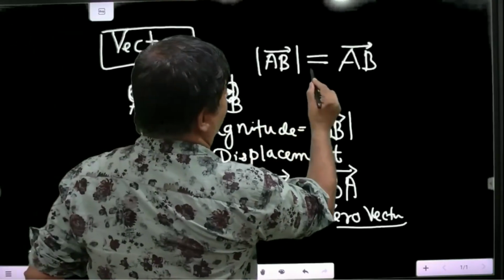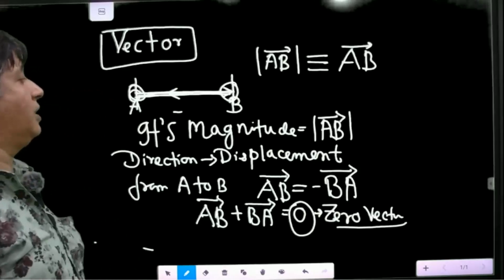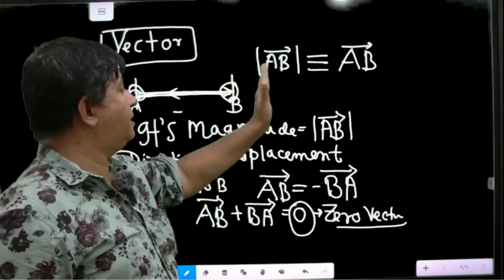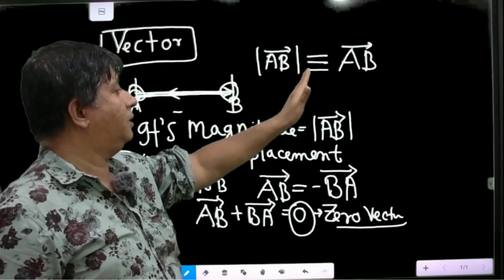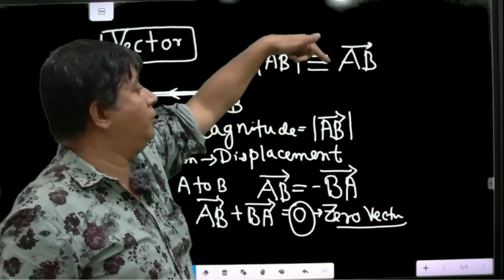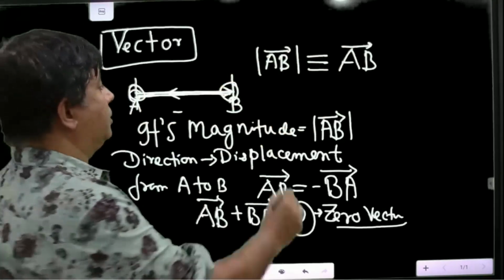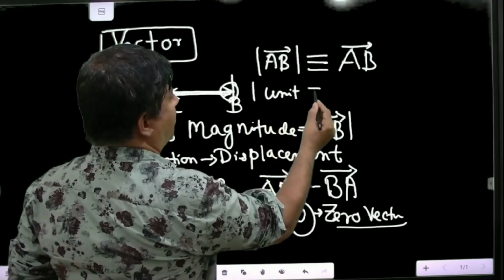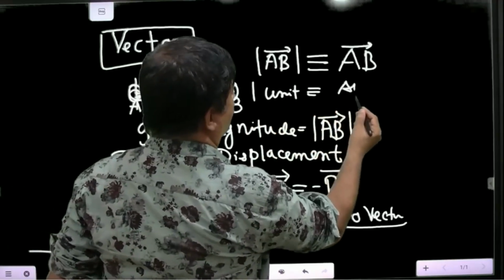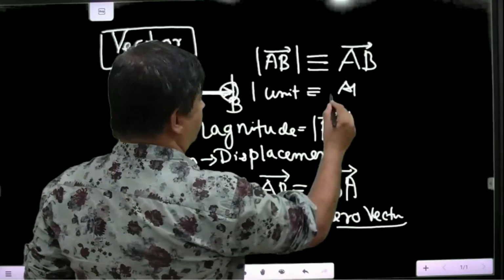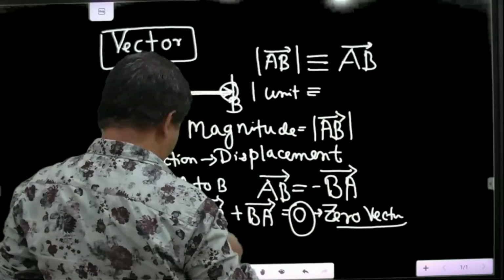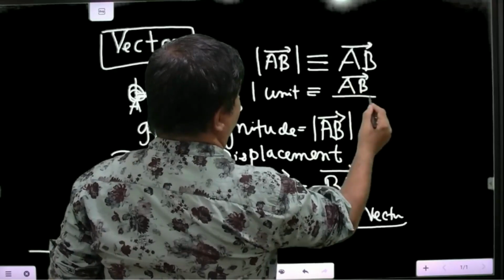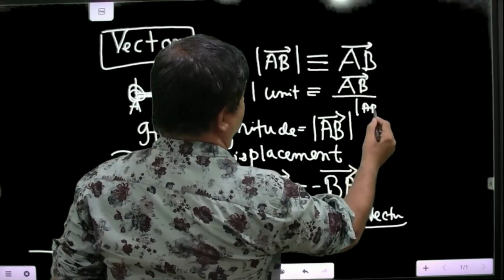So, put one equivalent sign. So, this unit displacement is equal to the movement from A to B. So, 1 unit displacement will be vector AB by its magnitude.